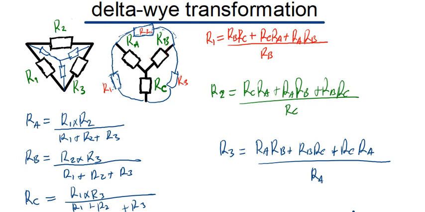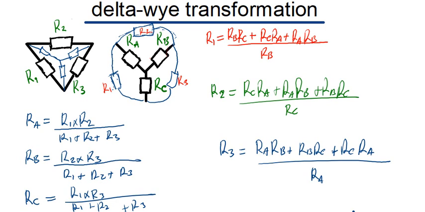And that is how you perform the Y back to delta, meaning you would have your R1, your R2, and your R3. And together with what we saw earlier, this is how you perform delta to Y, which is a very important tool you need to know when you're solving circuit questions. We are going to see in a short while, as we solve one of the questions, that it requires the delta to Y transformation.